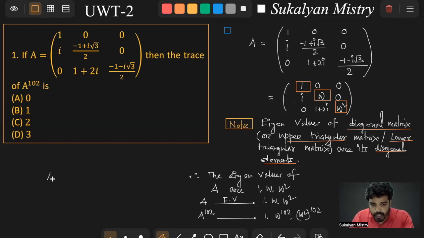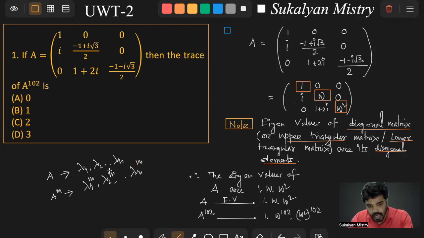What is the property? We know that if lambda 1, lambda 2 up to lambda n are eigenvalues of A, then the eigenvalues of A to the power m will be lambda 1 to the power m, lambda 2 to the power m, up to lambda n to the power m.